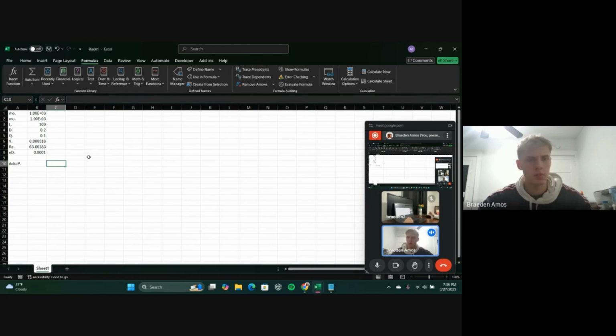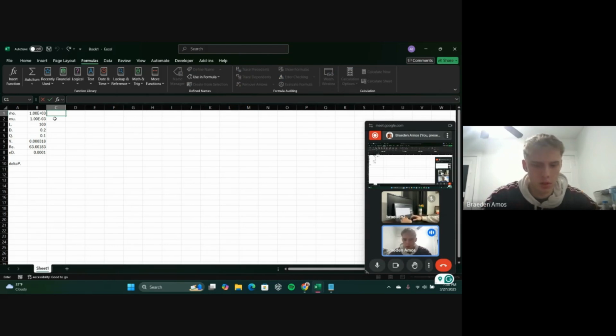Now we can move on to the delta P. We can use all these to find delta P. I want to go ahead and add our units here. So we have meters cubed, Pascals, length in meters, Q in meters cubed per second.